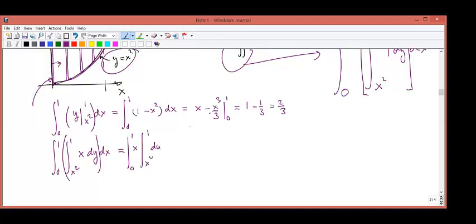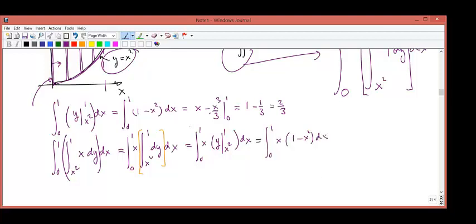The integral of 1 dy becomes y, evaluated between x² and 1, from 0 to 1. This becomes 1 minus x². So again, the only difference is we have an extra x tagging along.